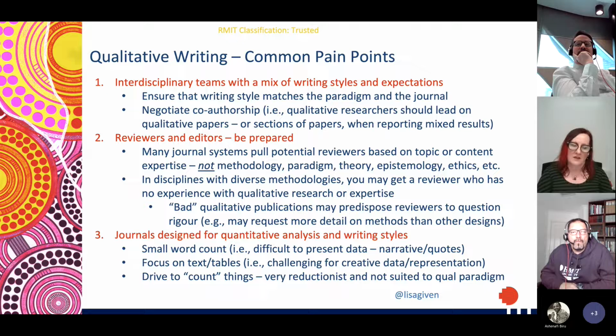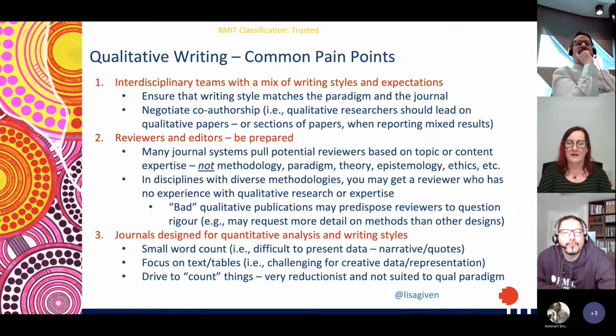First of all, a lot of us now are working in more interdisciplinary teams, and even for those who are truly qualitative researchers, you may find yourself on mixed teams, publishing papers with people who may have very little knowledge of qualitative. So it's really useful to be having this conversation, even if people think it's not really relevant, I won't publish qualitative?